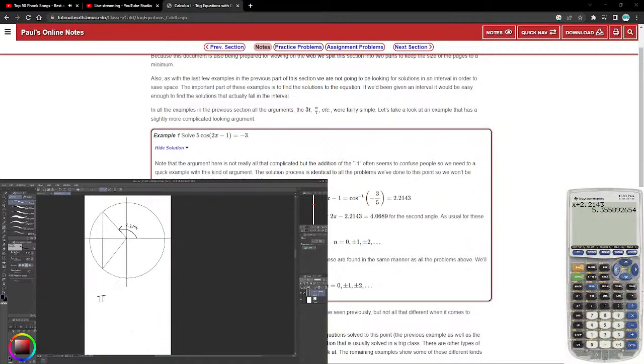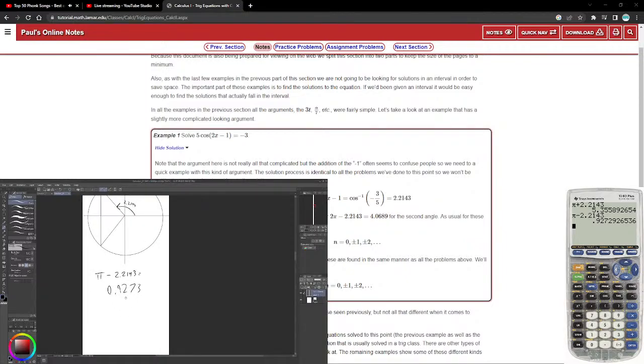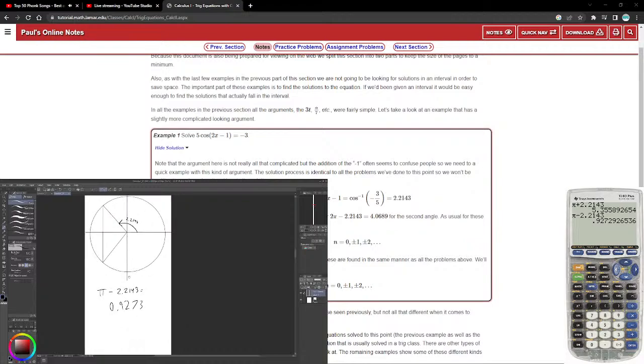It would be pi minus 2.2143 first. That's 0.9273, which is this triangle here.